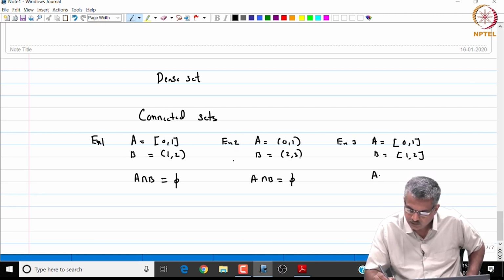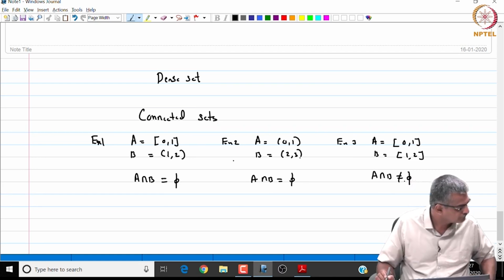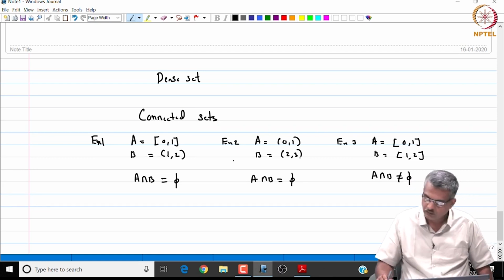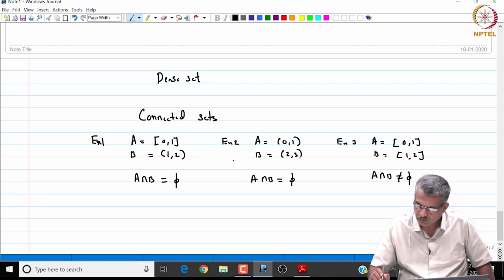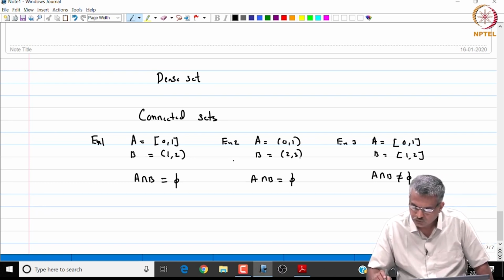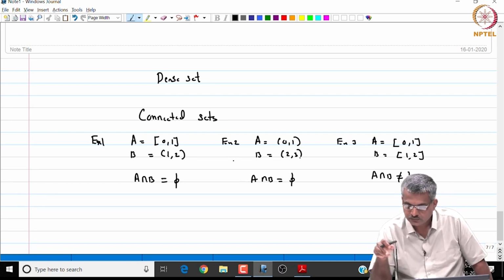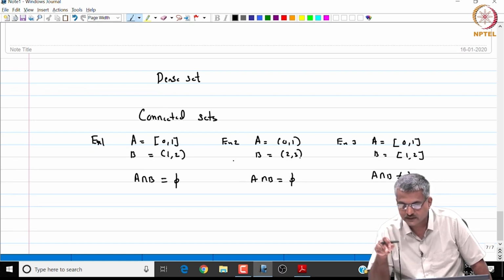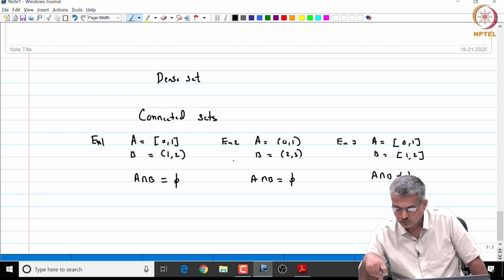Certainly, here A intersection B is not empty, right. So, if you apply the definition of two sets being not disconnected, this example 3 fails, in that sense that they have a non-empty intersection. So, they cannot be separated, right. So, they are connected.